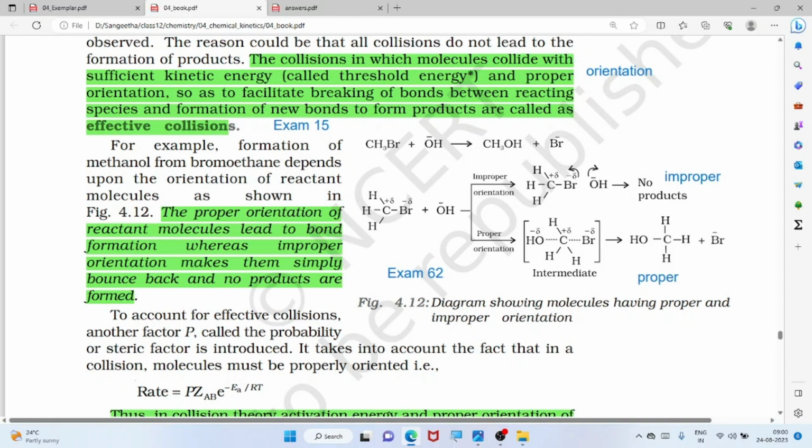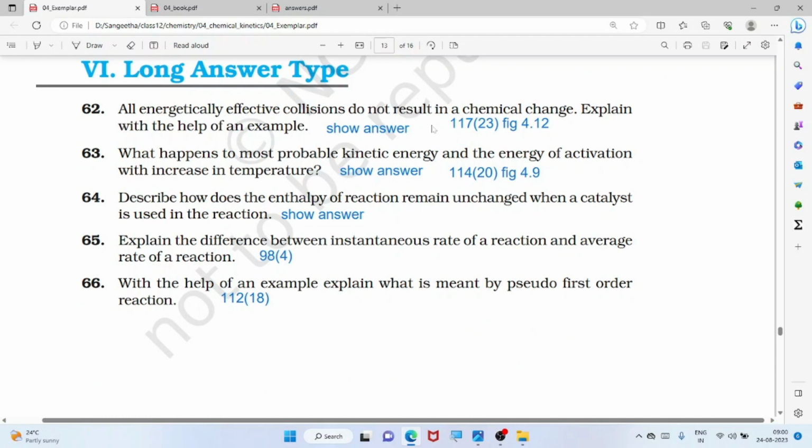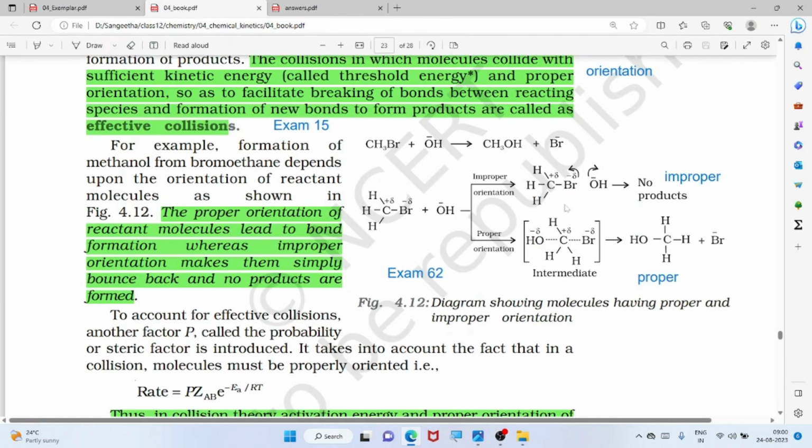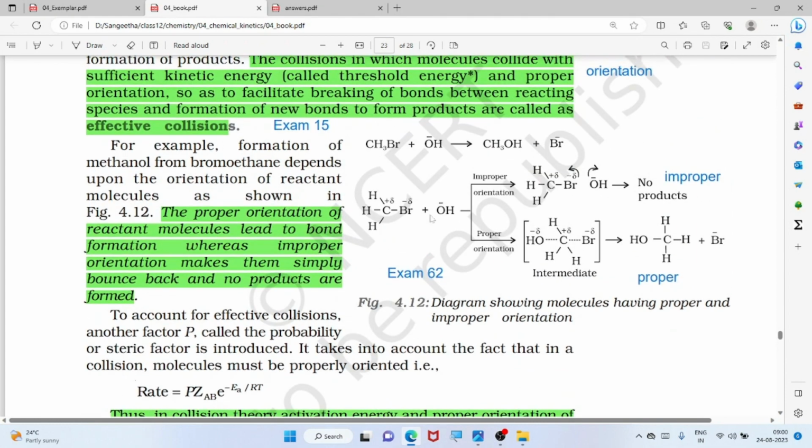All energetically effective collisions do not result in chemical change. Only with the proper orientation will it happen. See here, this is improper, no product, but with proper orientation there is a product. You can go through the details of how only under certain conditions the products will be formed.